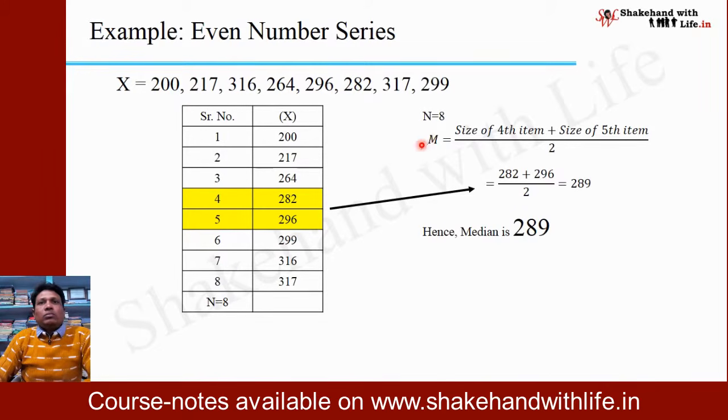Now the average of the two middle numbers, the two middle numbers are the 4th and 5th number, and the average of these two numbers can be calculated by 282 plus 296 divided by 2 and this will be equal to 289. So 289 is the median value. So this way you can calculate the median value for an even number individual data series.